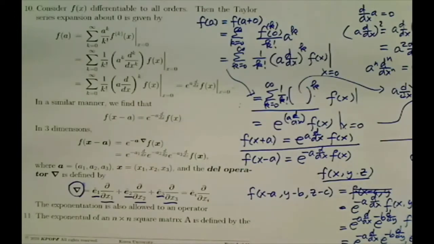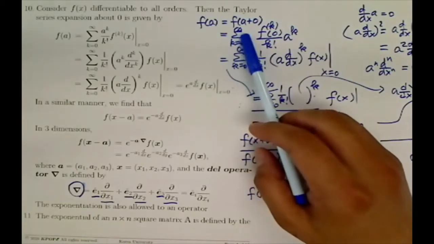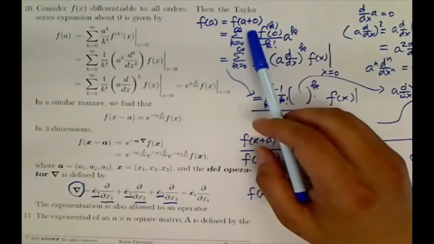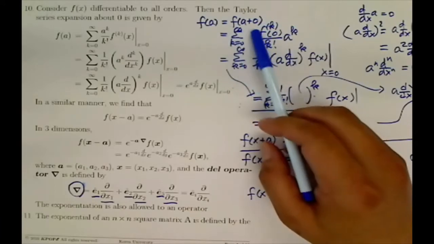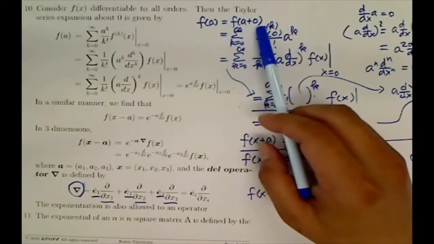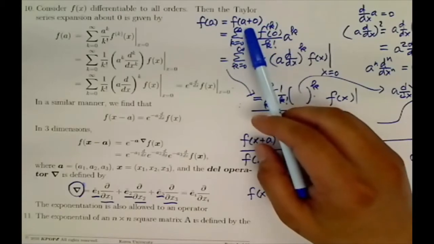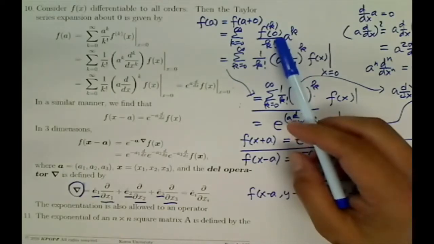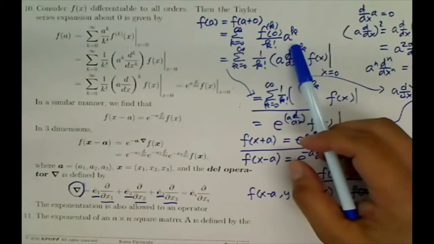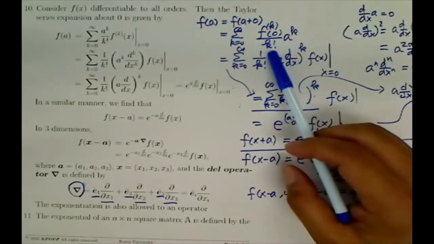So in summary, f of a is actually the same as f of a plus 0. So we expand f of x about x equals 0 by a shifted amount a. That is the value of the kth order derivative at x equals 0 multiplied by a to the kth power and divided by k factorial.